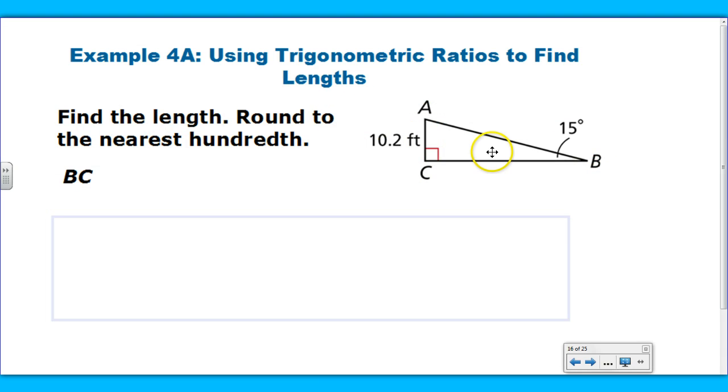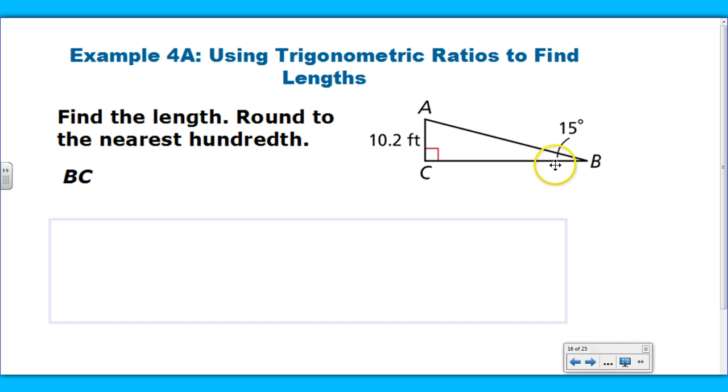So let's find the length using our trigonometric ratio. We're going to find the length of BC, rounded to the nearest hundredth. We're given a 15 degree angle. And so how can we do this now? Well, from this 15 degree angle, we have the known AC, which is opposite.